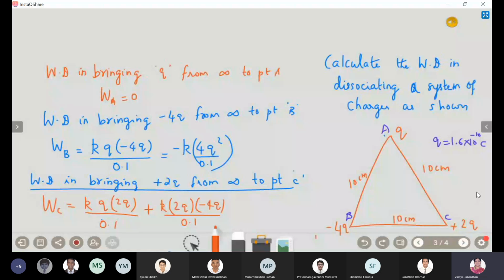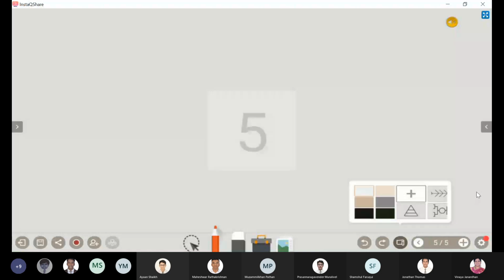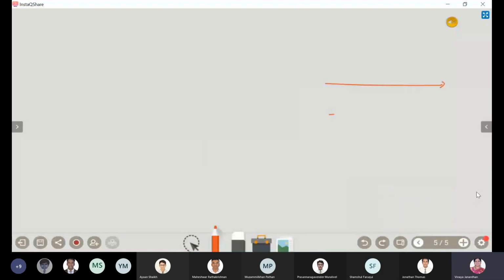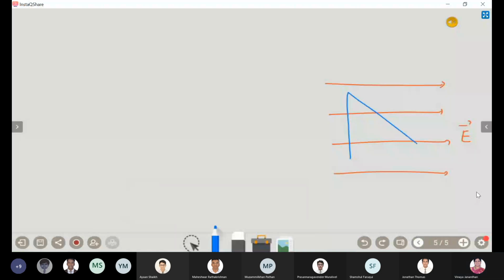Have you done this numerical? I don't know, but if at all it's there in your book, such numericals are there. Moving a charge from point A to point C, so you move like this.